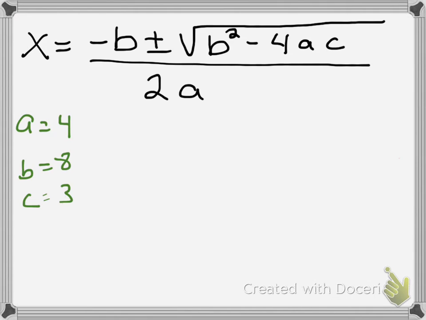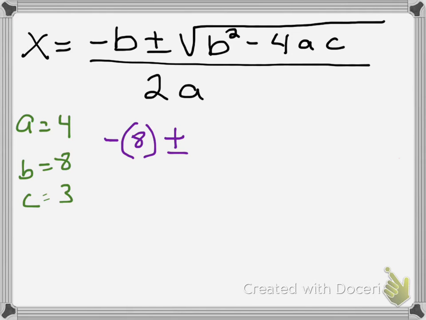Okay? Now, one thing I said during the summer was make sure you use parentheses. Watch how this works. Negative, parenthesis b, which is 8. Okay? We'll figure that out here in a minute.